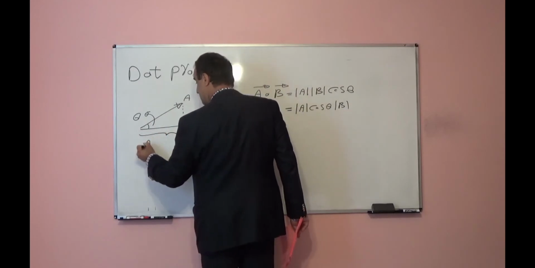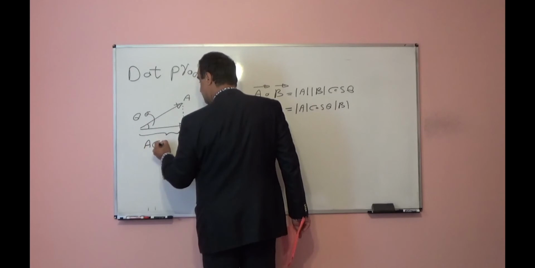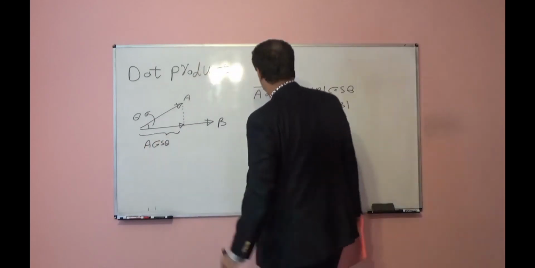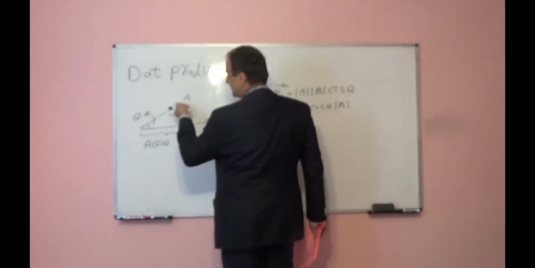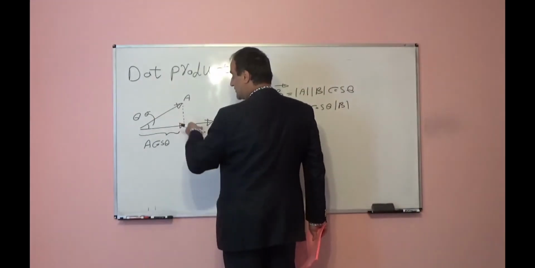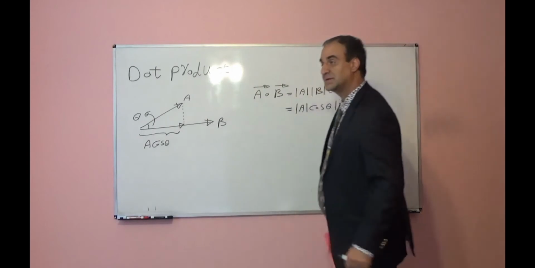So the dot product means the projection of vector A in the direction of B times B.